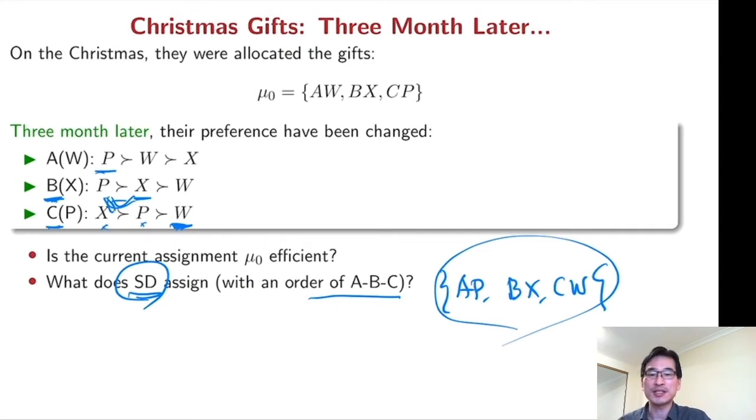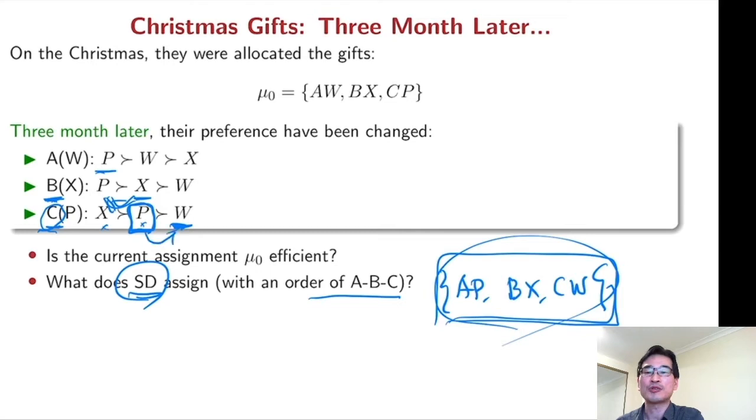But is this fair? Initially Chris was endowed with P, but with this assignment, Chris gets W, which is worse than P. So by participating in this mechanism, Chris has been worse off.